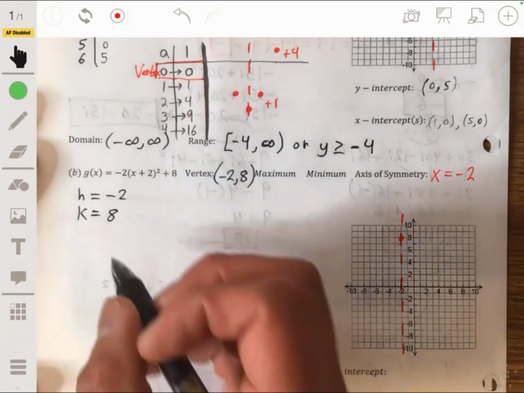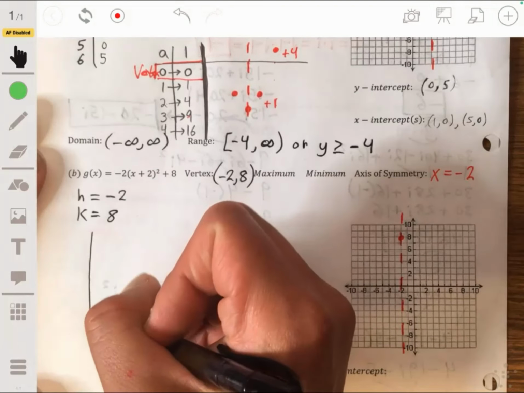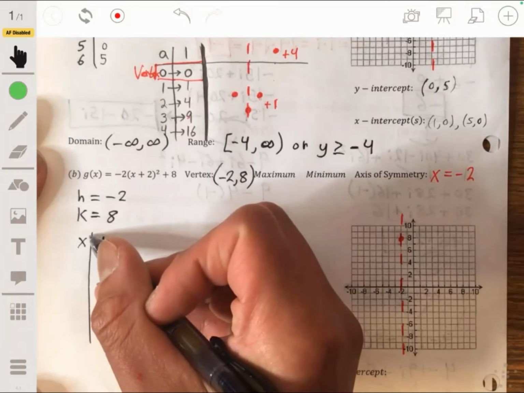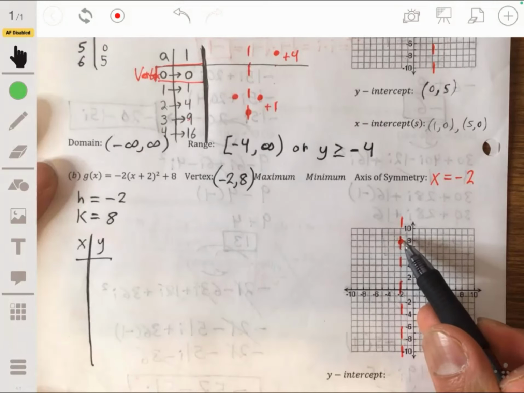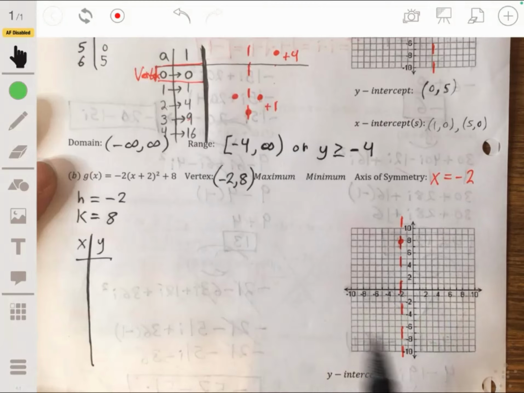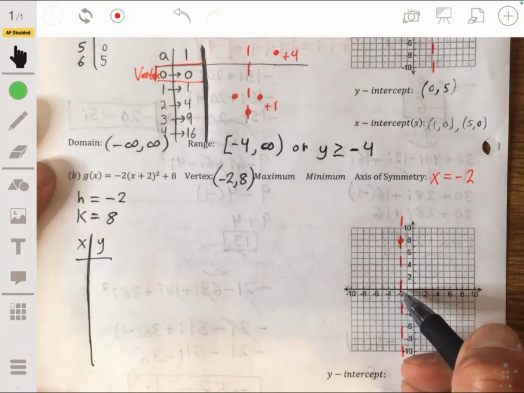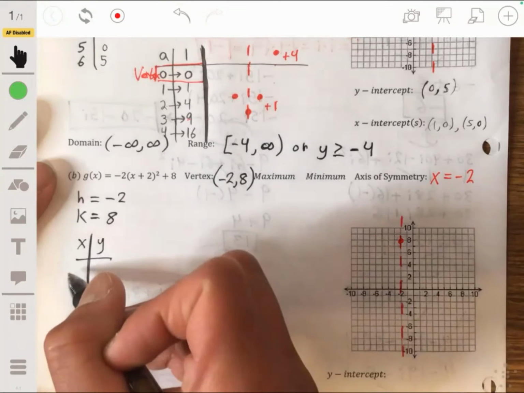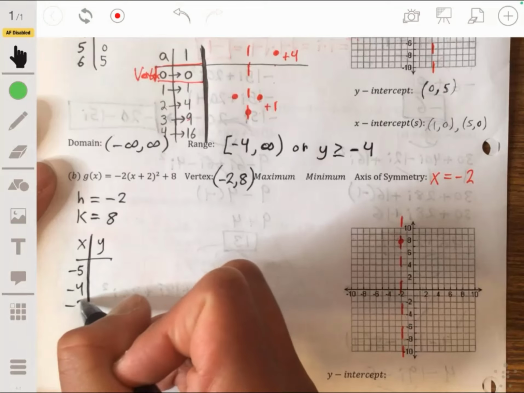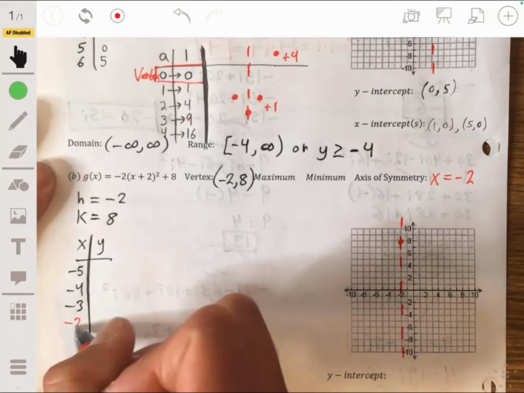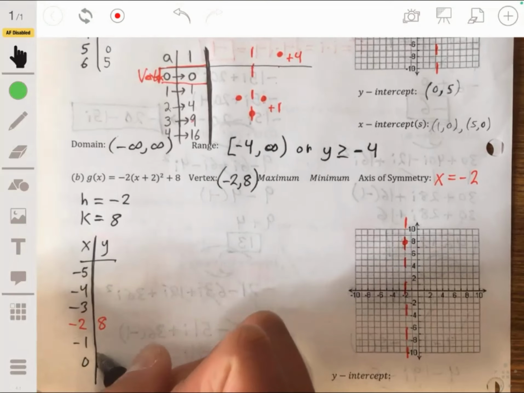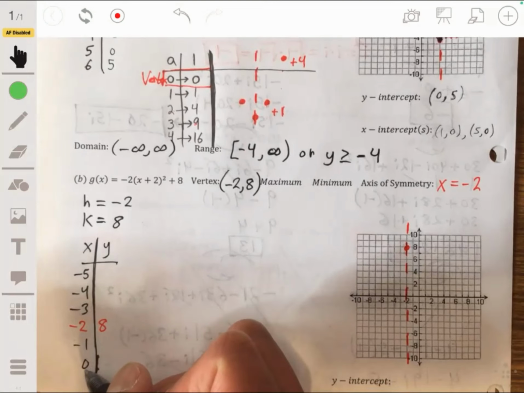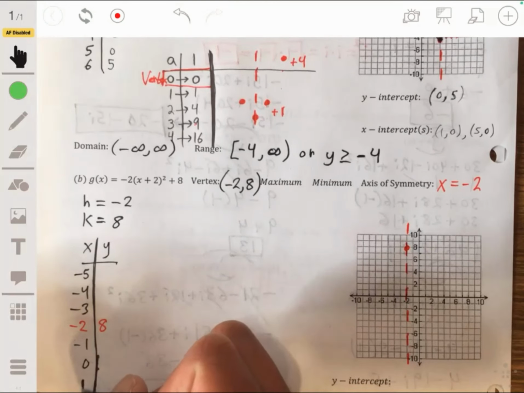-2, okay. And then now let's make an xy table. So let's go xy. And since we're centered at -2, 8, let's go from the left, -5, -4, -3, -2, 8, -1, 0, and then let's go 1.